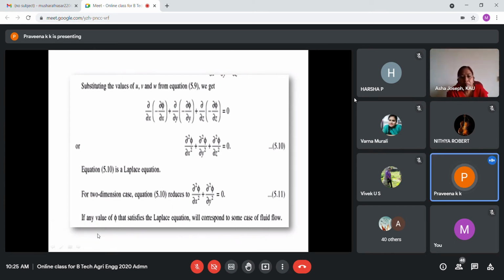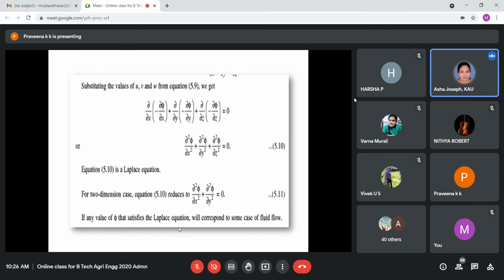If any value of phi satisfies the Laplace equation, it will correspond to some case of fluid flow.